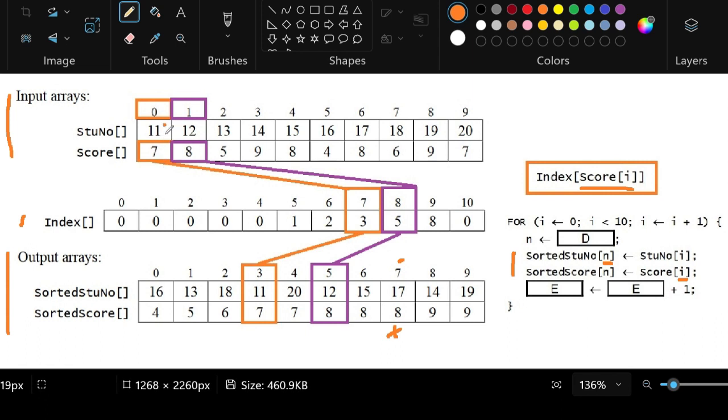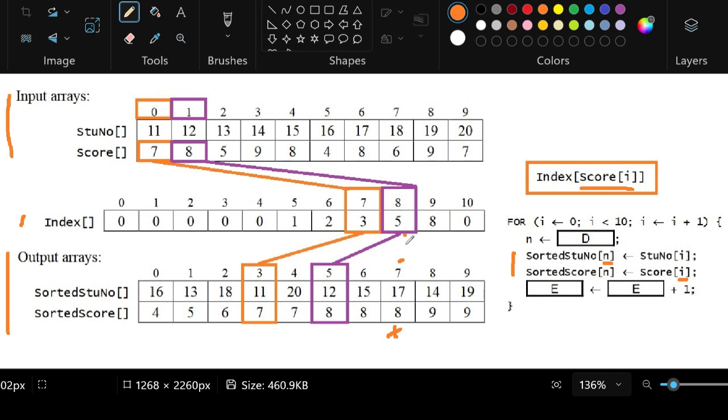If it's correct for the first one, we try out the next one, which is 1, so the next value for the index is 1, which is i. We see that the score would be 8. Then we put here the 8 for the index, and the value gives us 5.